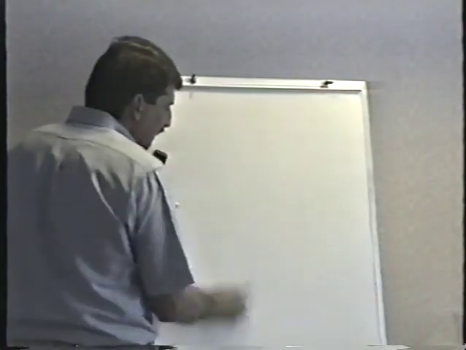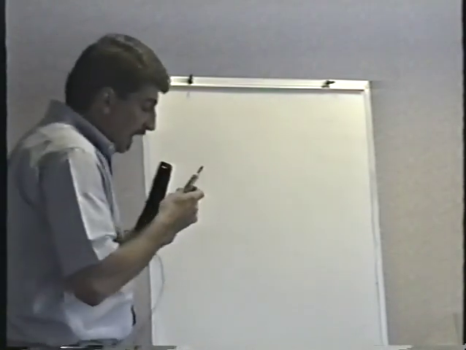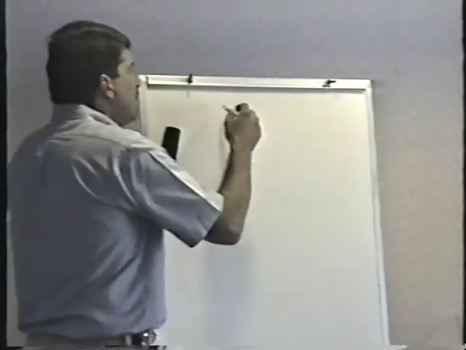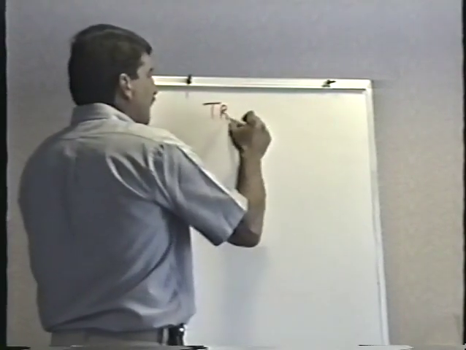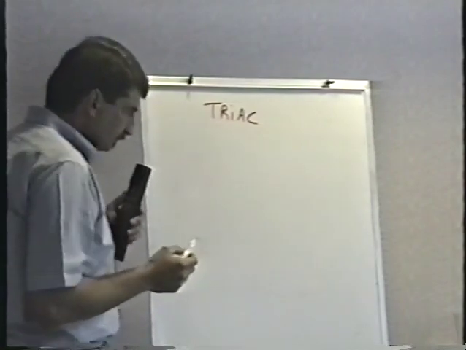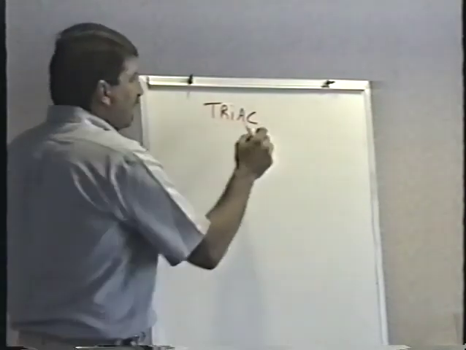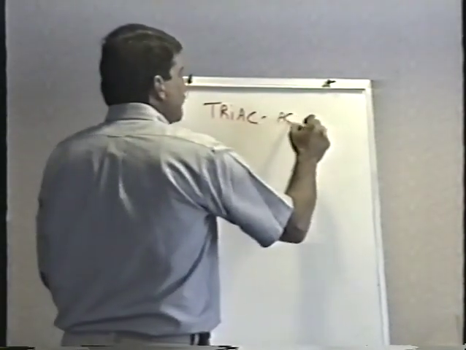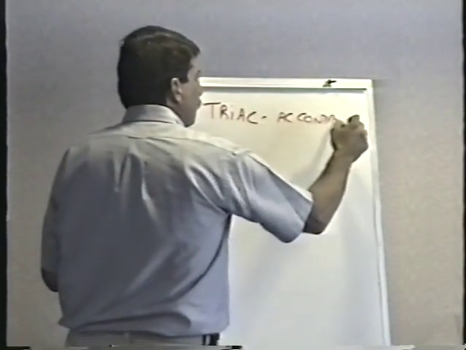But there's another part that you do definitely need to know about. Those of you at NAMCO really need to know about this. You probably already do. There's a part that we use now to control things called a triac. Triac. And the triac is an AC controller.